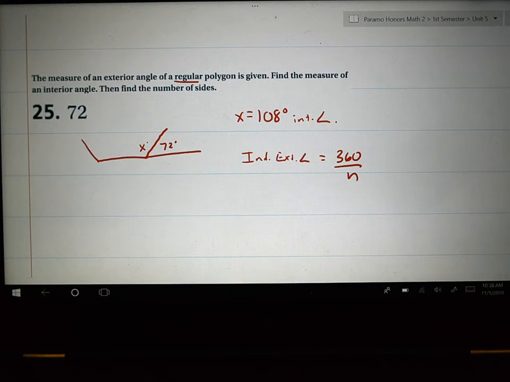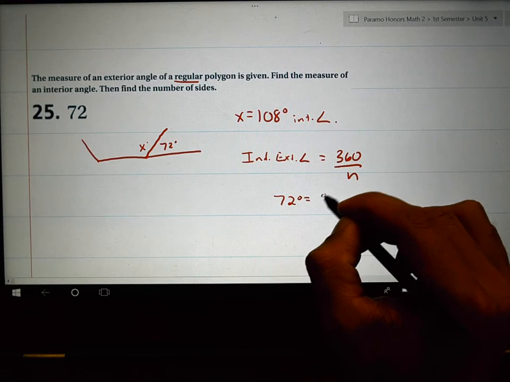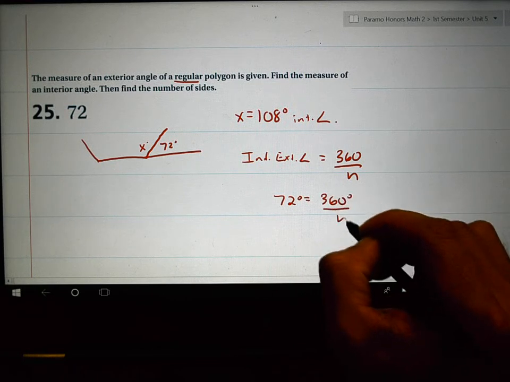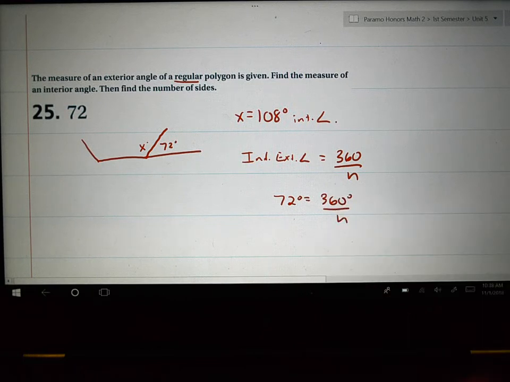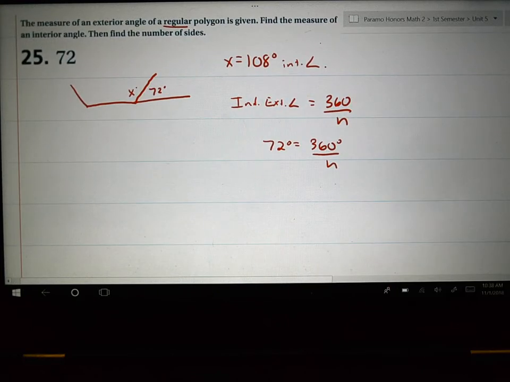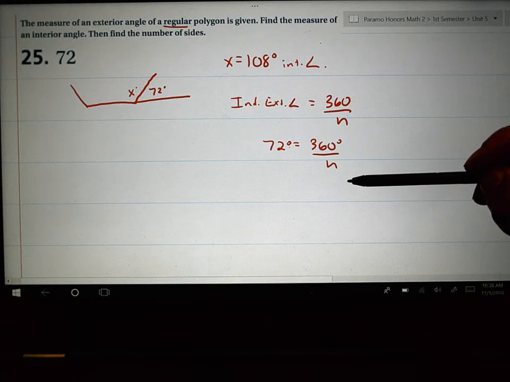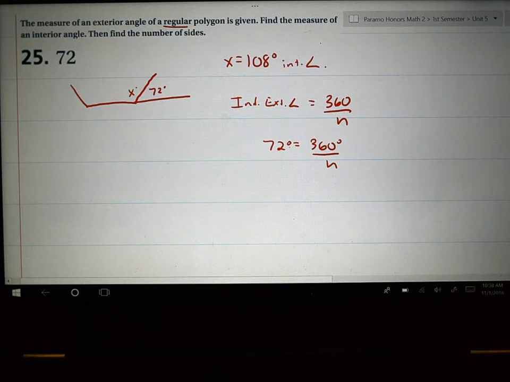If I know that the exterior angle is 72 degrees, then I can easily set this up just like that to solve for it. But make sure you know that your variable is in the denominator. You can never solve for anything when the variable is in the denominator. You always need your variable in the numerator if you're solving something like this.